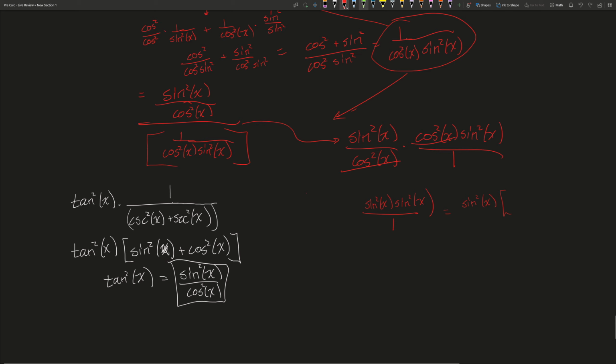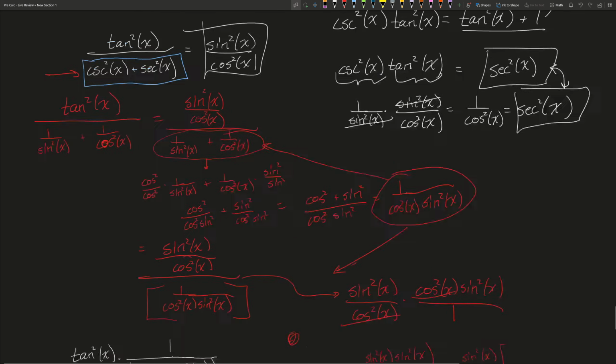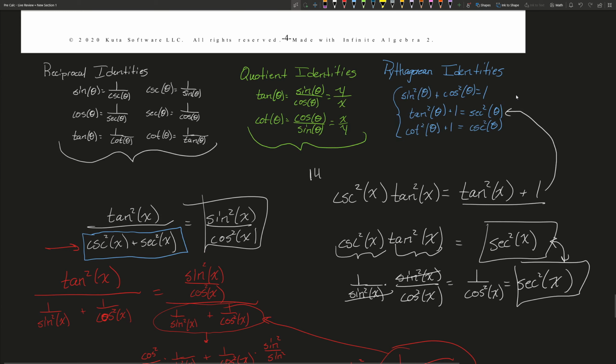This denominator looks a whole lot like the reciprocal of this.